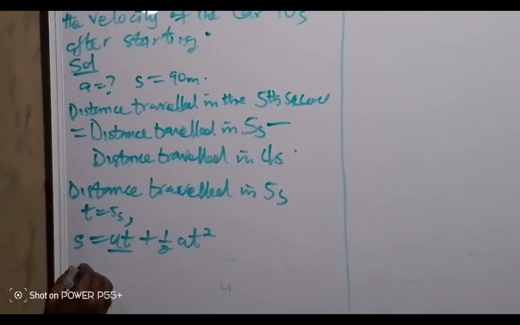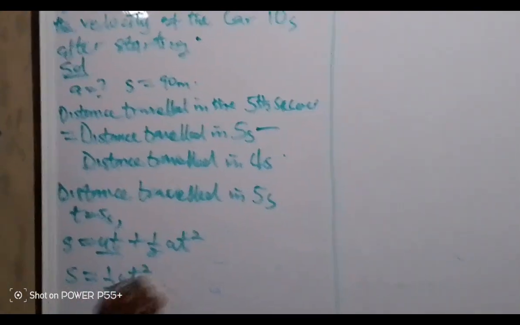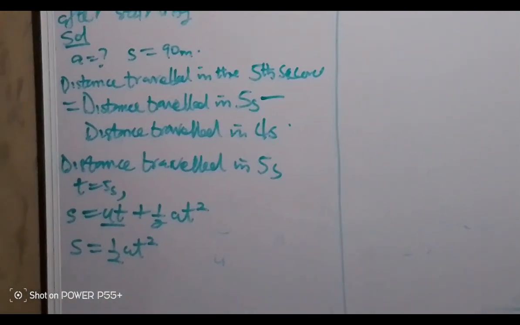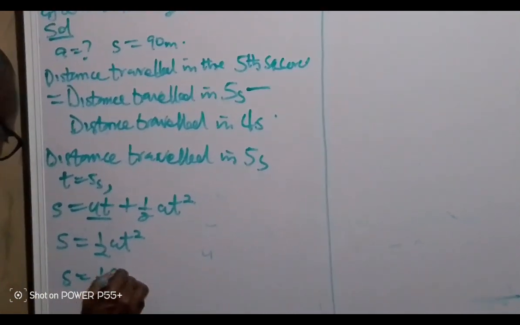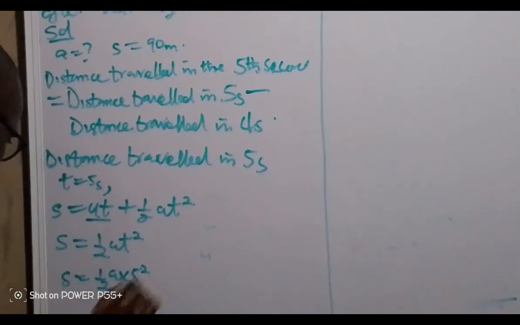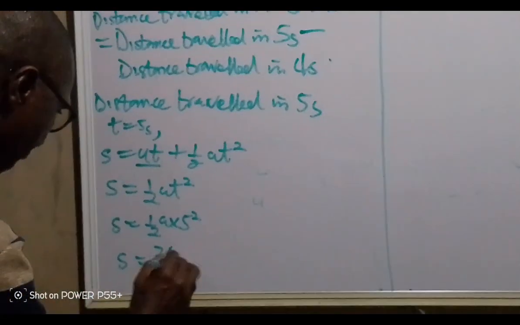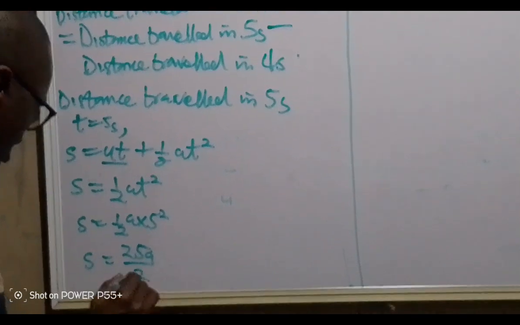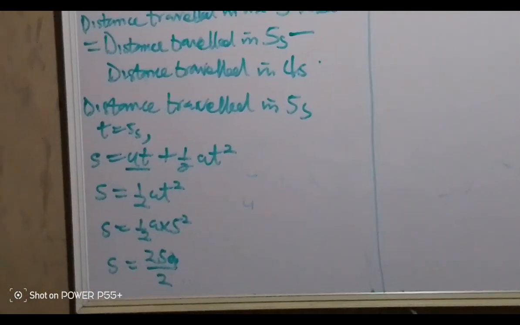We are now left with s is equal to half at squared. Our time is 5, so that one will now give us s is equal to half into a multiplied by 5 squared. So we are going to have s equal to 25a over 2. That is when it is 5 seconds.